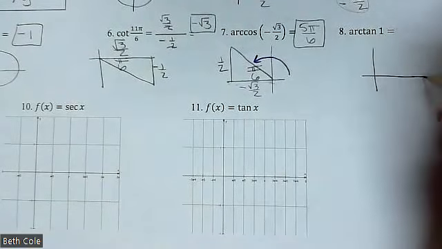It's when they're the same, because anything over itself is going to give you 1. So your answer is pi over 4. You would do well to just know tangent inverse of 1 is pi over 4. They throw that one in there a lot because it's the tricky one.